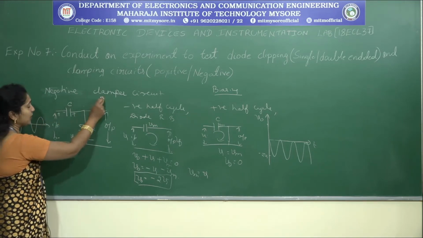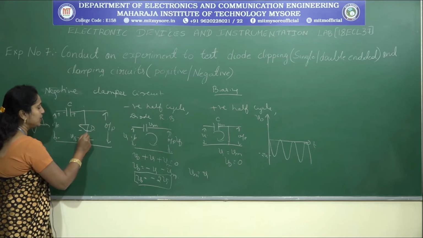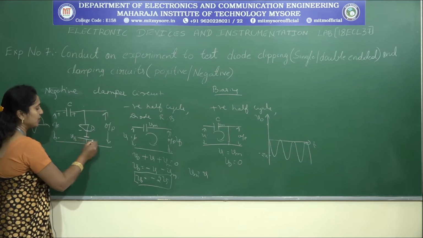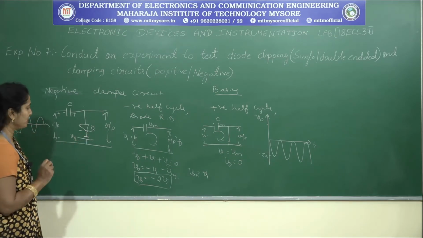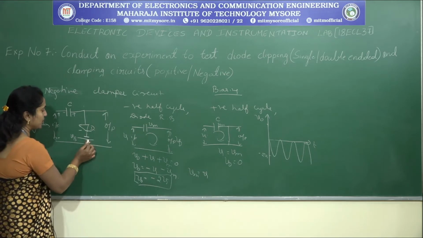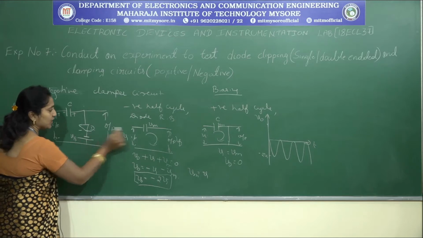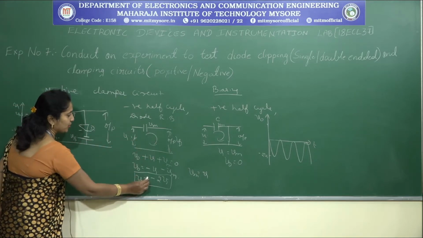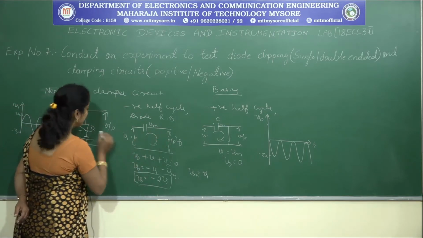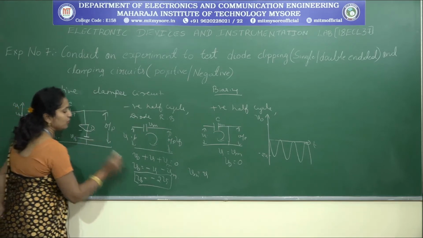For the negative clamper circuit, the battery polarity should be connected with the negative and the other end should be positive. With this biasing voltage, what will be the output? The same circuit you are going to apply here, but you are going to add the voltage.